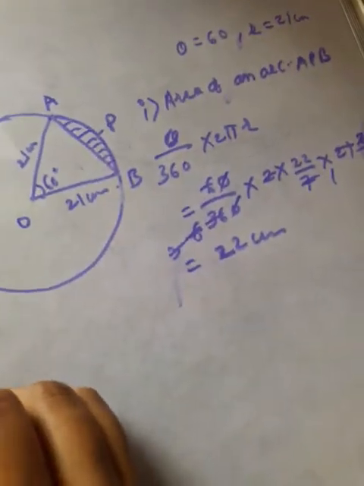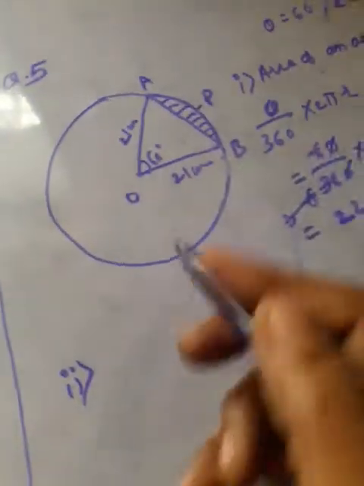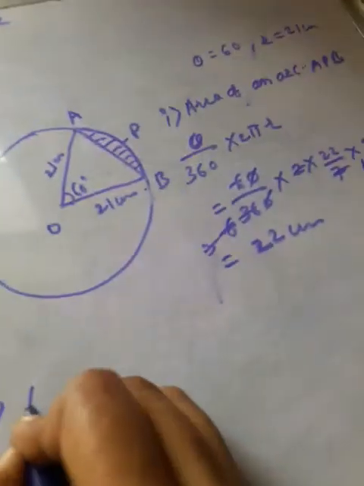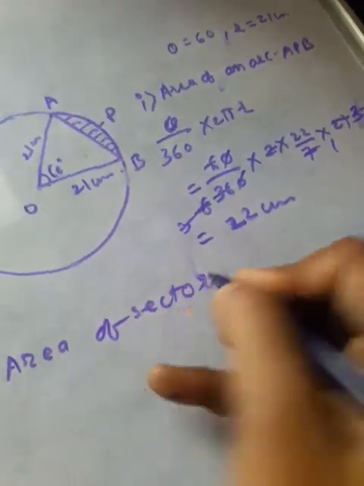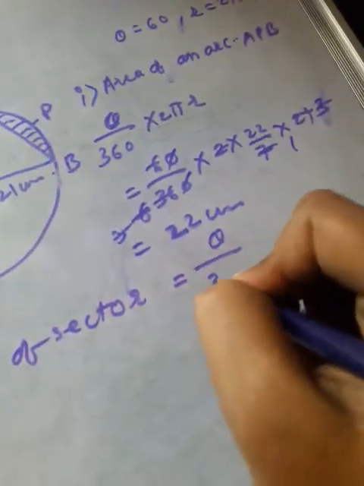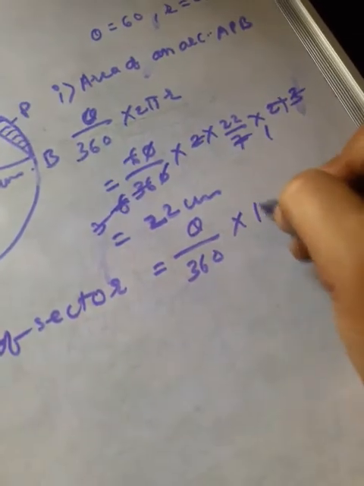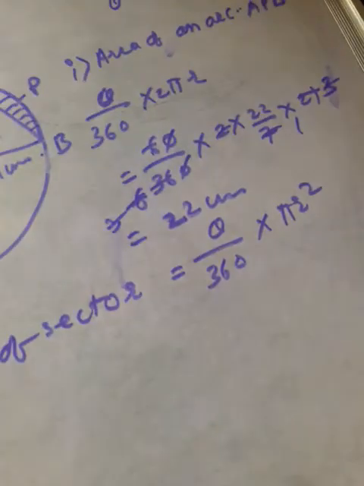Now, second, we have to find out the area of the sector. The formula for the area of the sector is theta by 360 into pi r square.